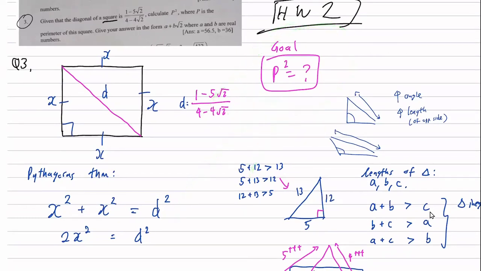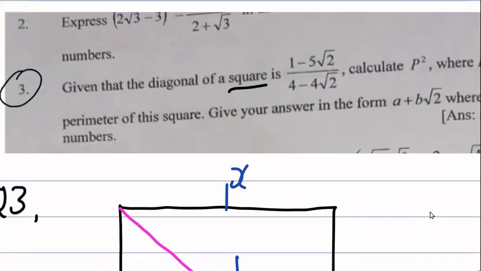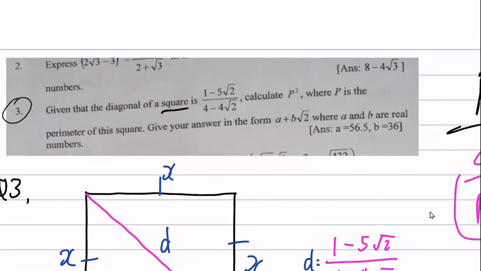Find p squared. What's p? P is the perimeter of the square. Very good.